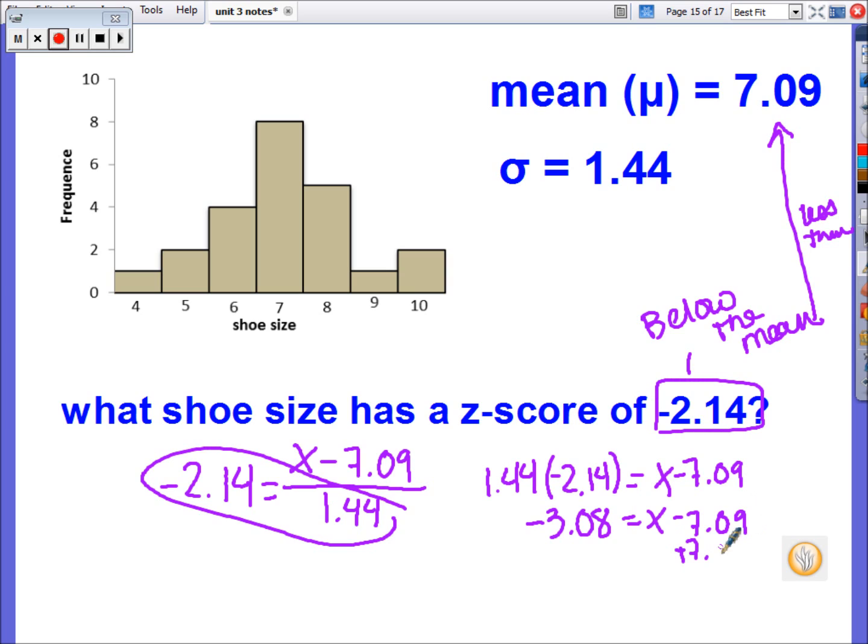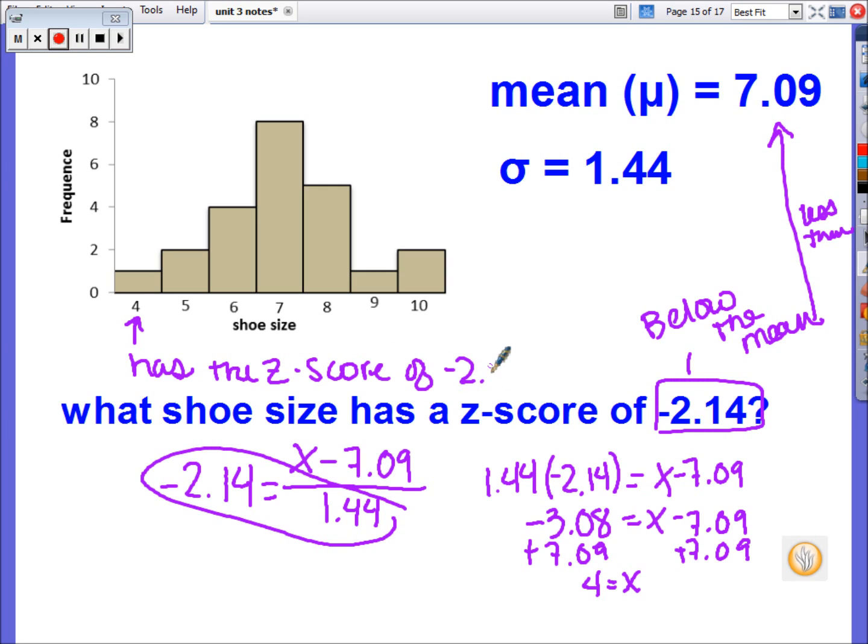Add 7.09 to both sides. And 4 equals our x. So shoe size 4 has the z-score of negative 2.14.